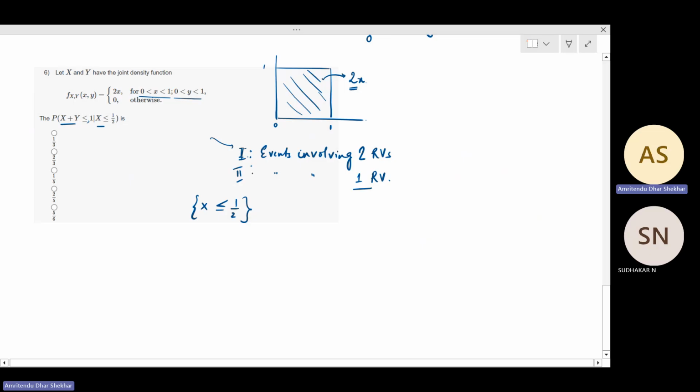If we were to compute the probability of this event, then that is by definition equal to the distribution function of X, which in this case can be obtained by marginalizing the joint PDF.